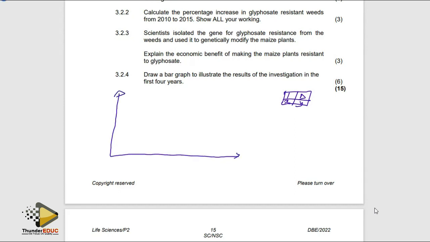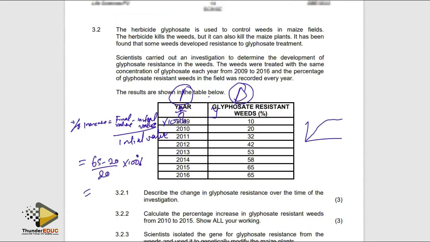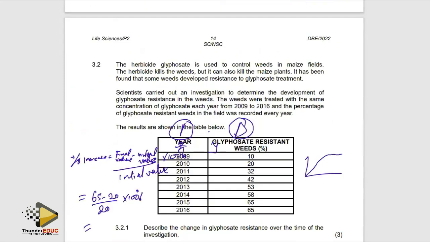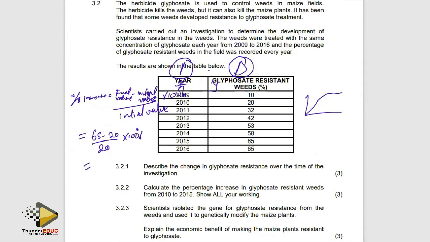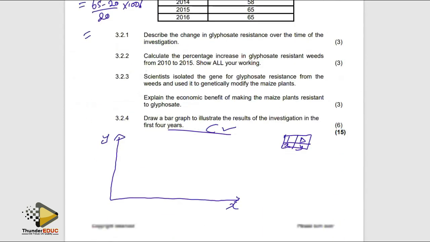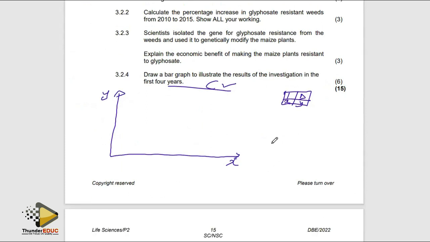You write a caption. Never forget about the caption. We give you a tick for the caption. Then after that, you write the X axis here and the Y axis here. But when you're putting the values, for example in this case, they are saying the glyphosate resistant weed percentage.